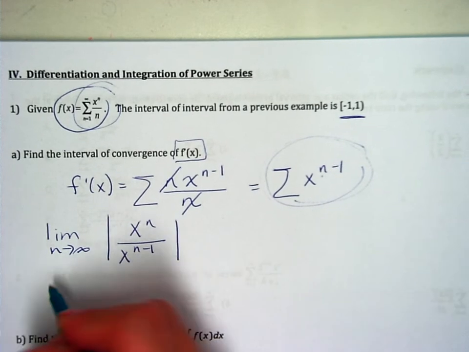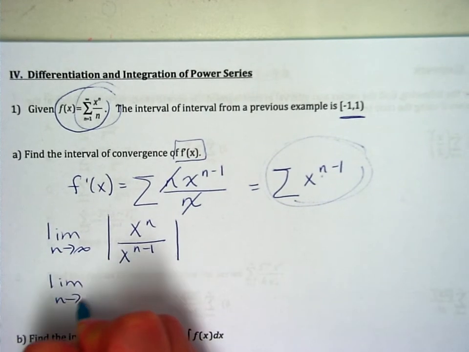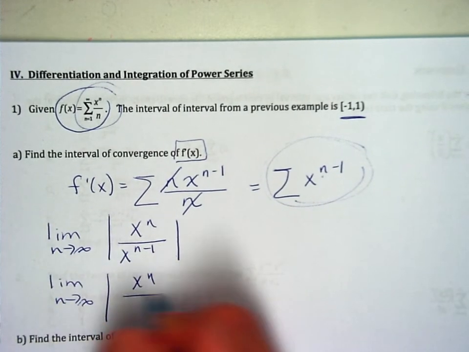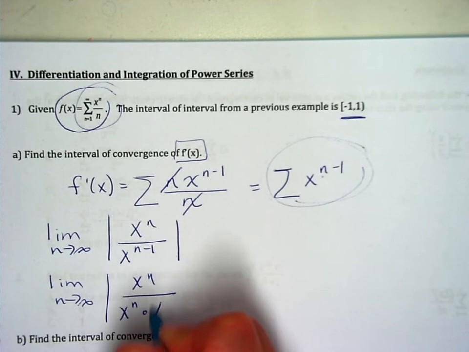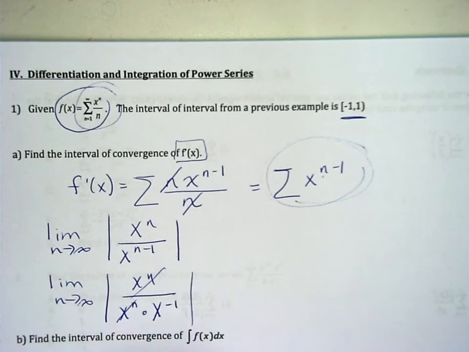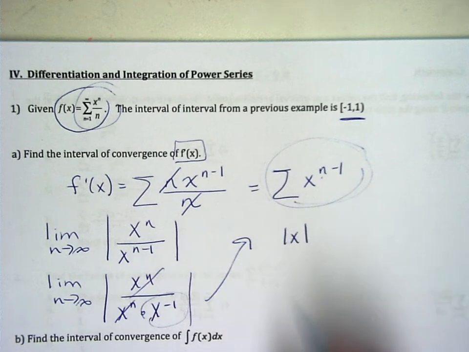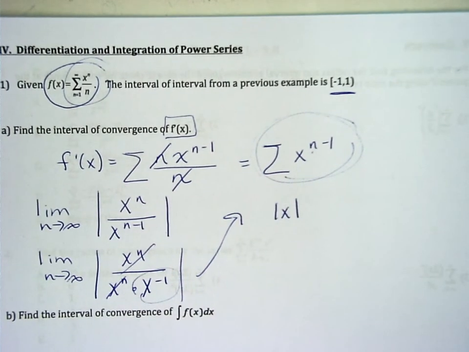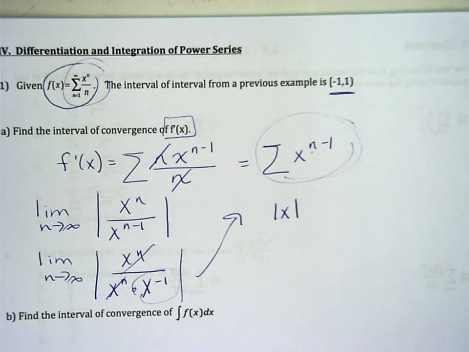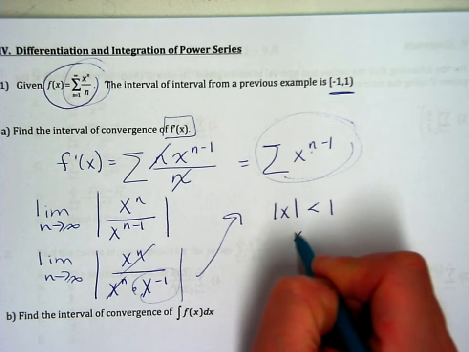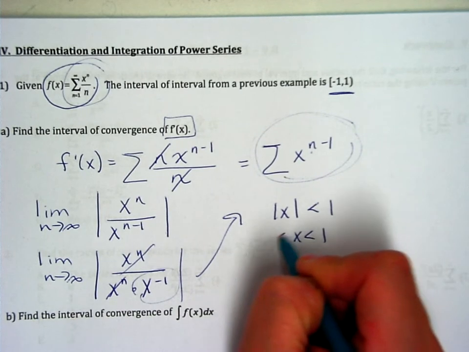Now, if you simplify this a little bit, this is really x to the n times x to the negative first. This will drop out. This is going to go to the top. So your limit ends up being the absolute value of x. Ratio test says it only converges if that is less than 1. So this is my inequality.